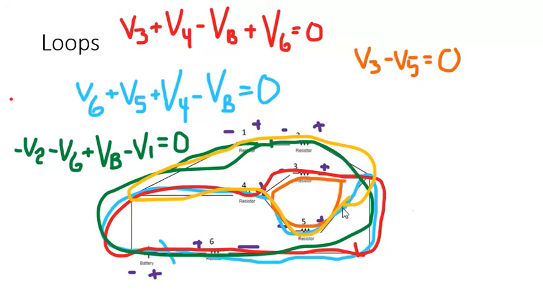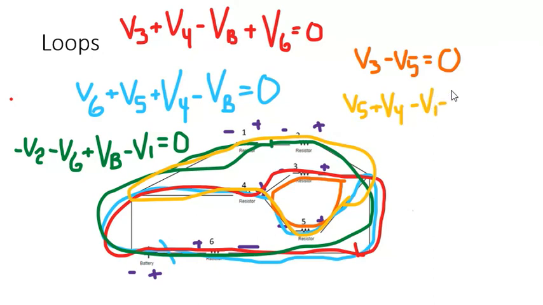If I pick it and I go this way, first thing I hit is positive, plus the voltage of 5. Keep on going, I hit the positive, plus the voltage of 4. Keep on going, then I hit a minus the voltage of 1.